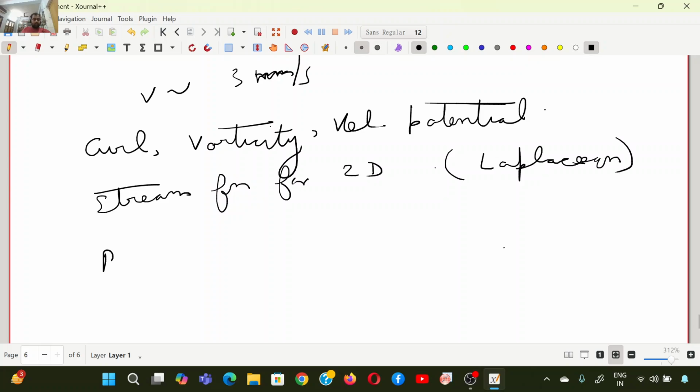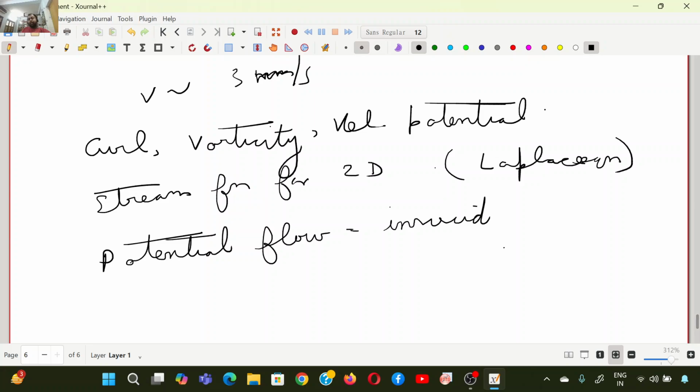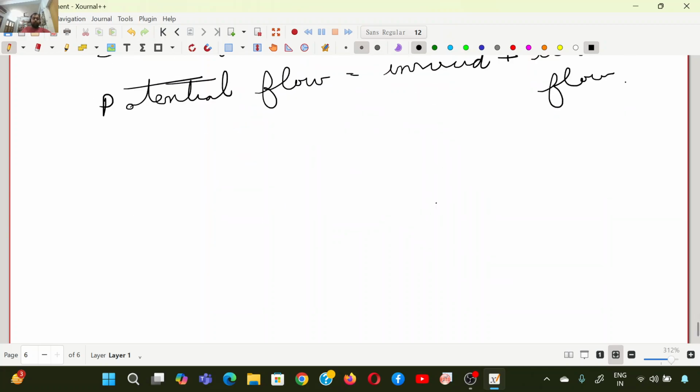And I also told you that potential flow is inviscid plus irrotational flow. So if Reynolds number is very high, it's usually irrotational.